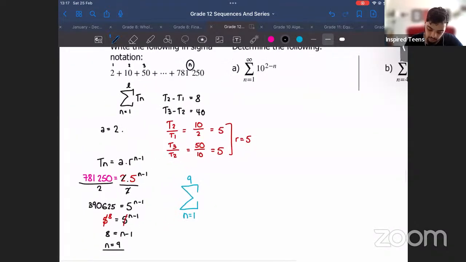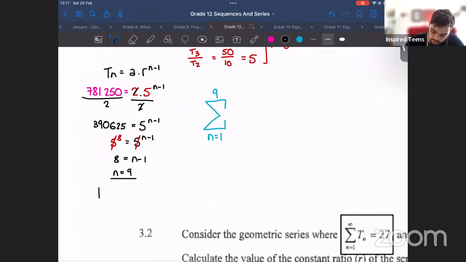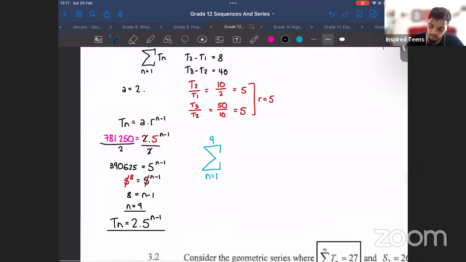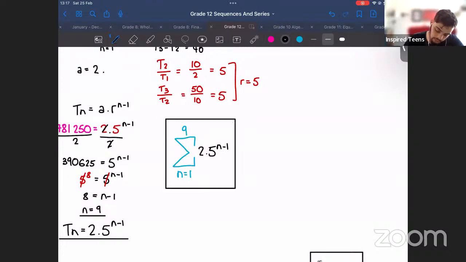And Tn, did we solve for Tn? Not exactly, but kind of. I'm just going to write Tn is equal to, what is A? 2 times 5 to the N minus 1. So technically we did solve for Tn; we just didn't write it out in one step. Because we solved for A and we solved for R, that's going to be 2 times 5 to the N minus 1. And that's going to be our final answer for the sigma notation.